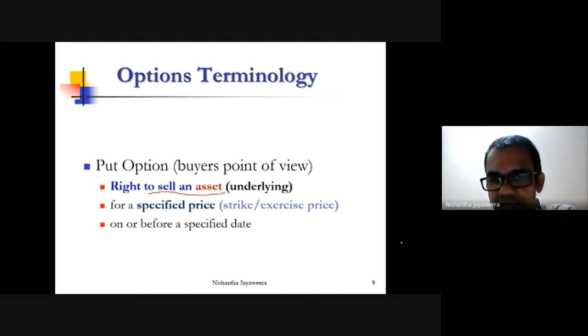If the option seller has sold a put option, he has the obligation to buy the asset, because that's exactly what the option buyer is going to do. Clear? I reiterate, always think in terms of the option buyer's point of view.